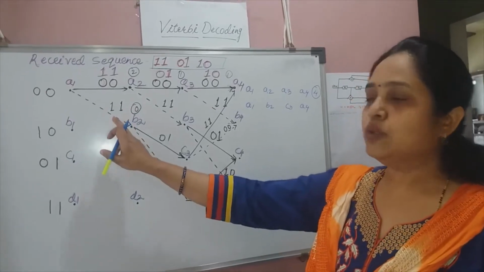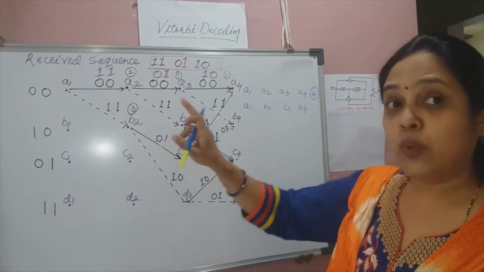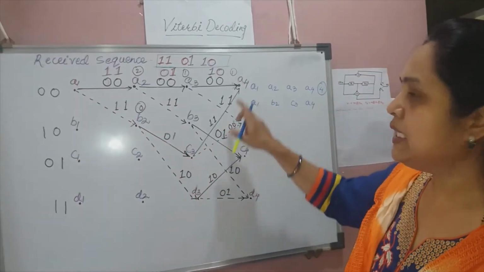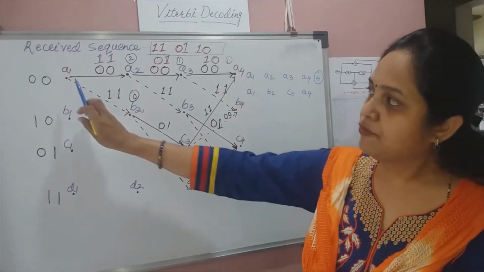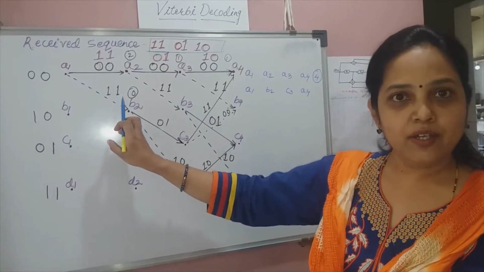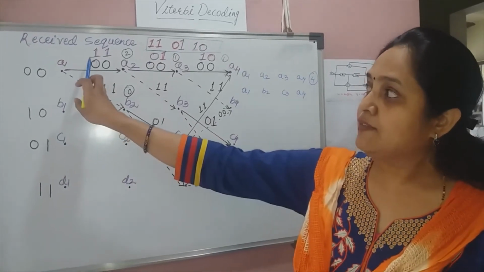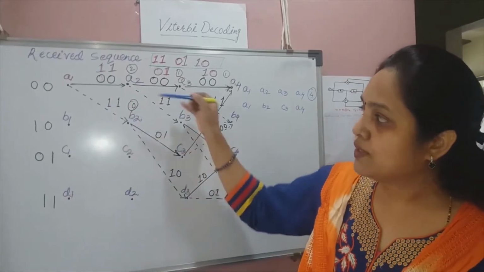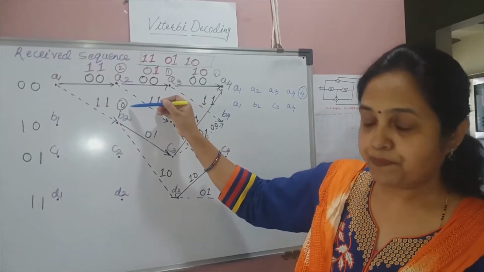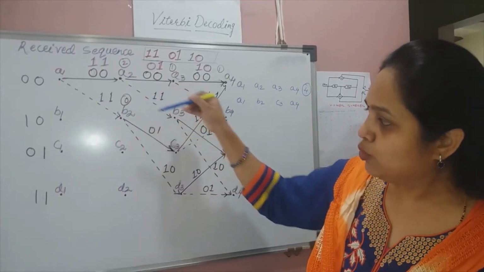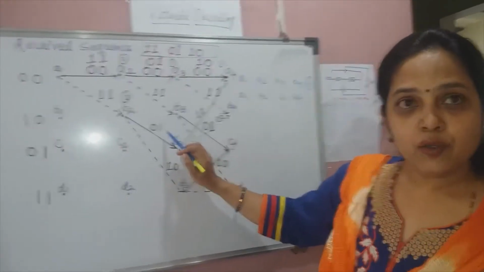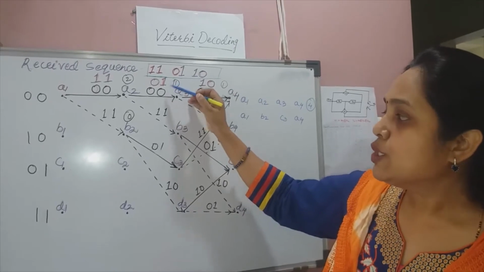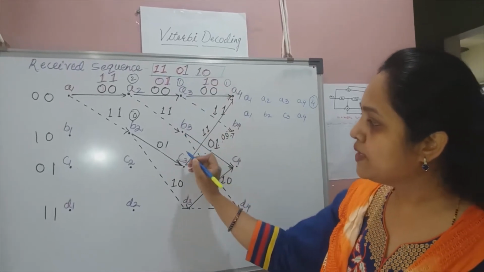Similarly, we can find the weight of the second path, that is A1, B2, C3 and A4. From A1 to B2 the standard output is 1 1, the received sequence is 1 1, so the difference is 0. From B2 to C3 the standard output is 0 1 and the received sequence is also 0 1, so the difference is 0.